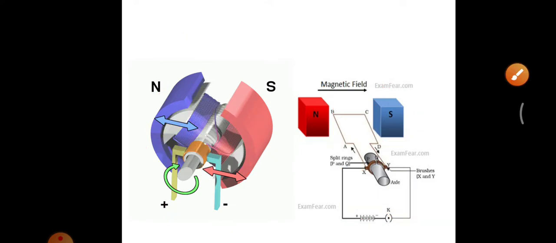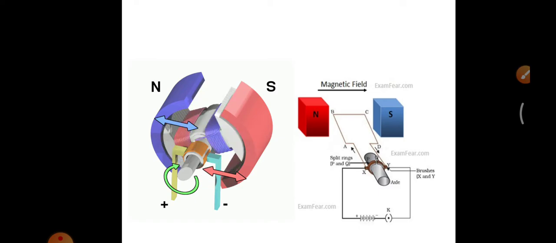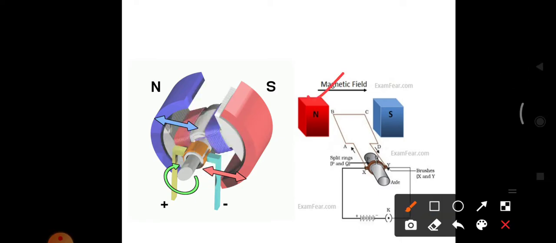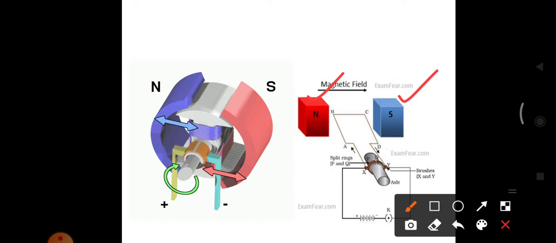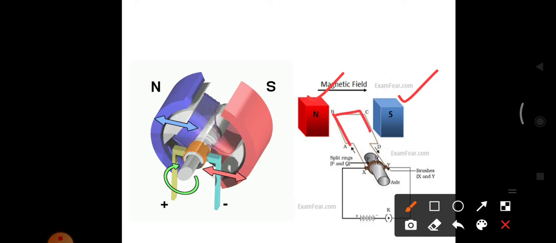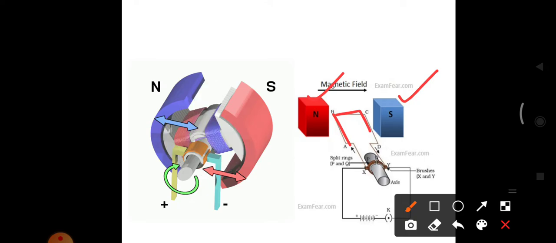Do you understand the working and the construction of an electric motor? The electric motor consists of two magnet poles, north and south, and the rectangular coil. When the rectangular coil is placed in the magnetic field, due to the current, it experiences a force. Due to the force, the coil rotates.